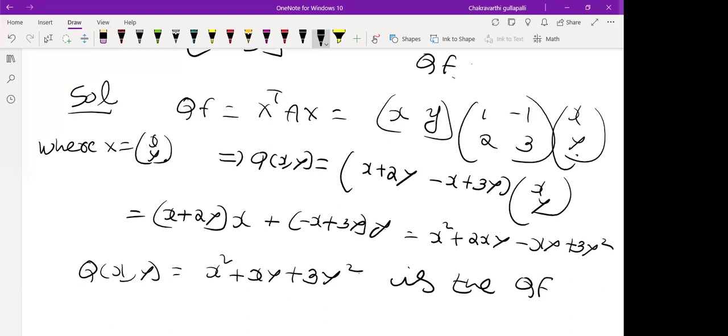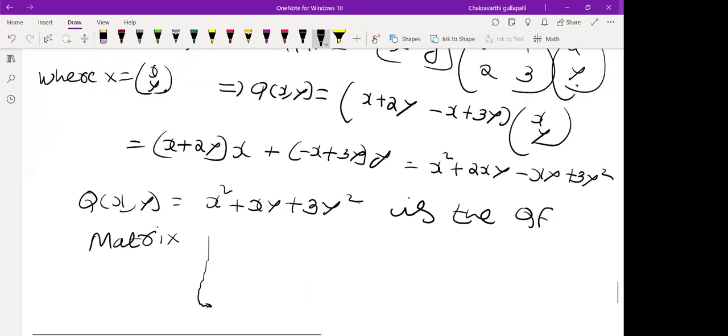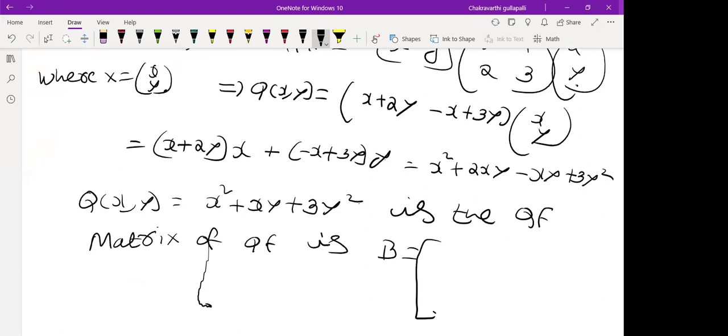This is the quadratic form. But we want the matrix of the quadratic form. What is the matrix of the quadratic form? It has to be a symmetric matrix. So the matrix of the quadratic form, give it some name B. How to get that matrix: write the variables x, y vertically and horizontally. Here x, y, here x, y. X into x, x square, so the x square coefficient 1 you have to write here.